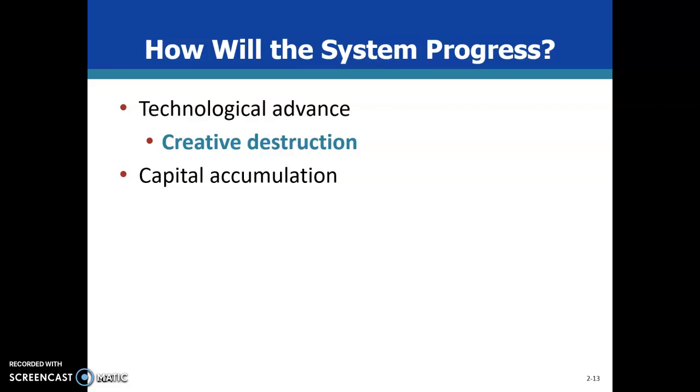The other thing, of course, is capital accumulation. How do we end up getting to innovation? We invest in innovation. We invest at a company level, in research and development. A company like Merck doesn't just come up with a new drug by accident. It invests in that.